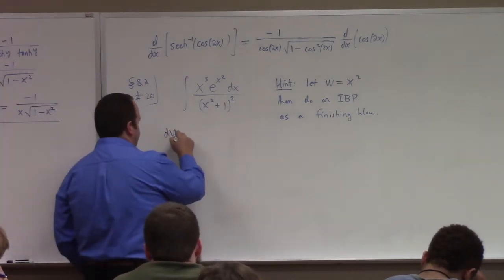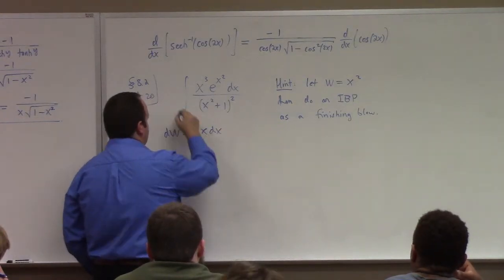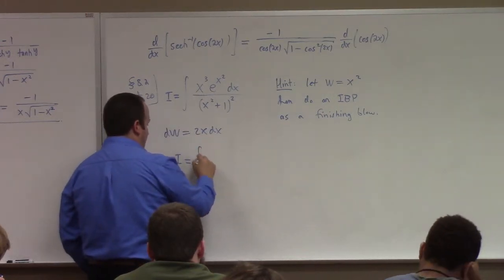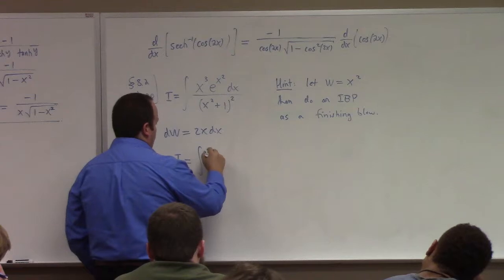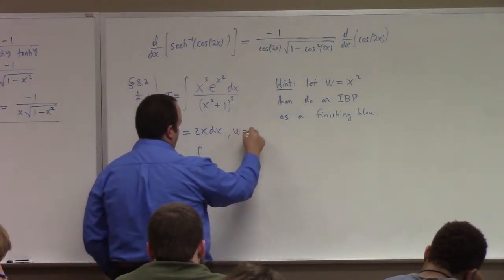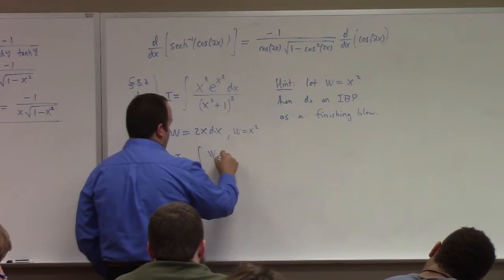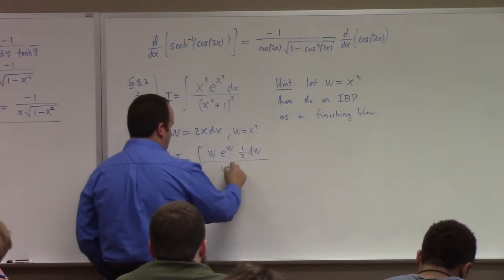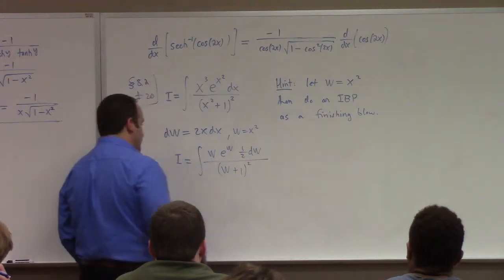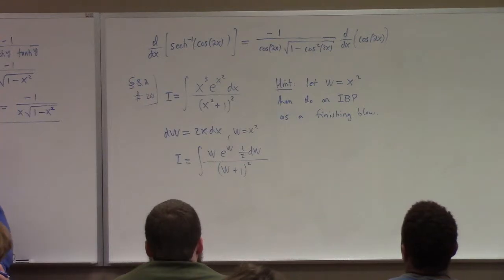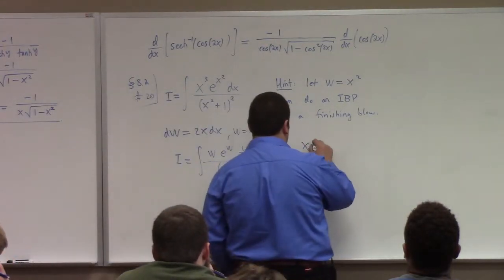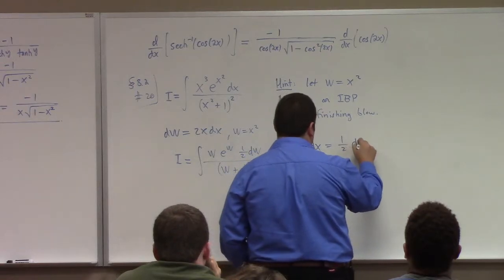So dw is 2x dx, right? So if I call this I, I is equal to the integral of w e to the w, that's 1/2 dw divided by w plus 1 quantity squared. Yeah, that's an x cubed in the numerator. Yeah, I know. So w is x squared, because x dx is 1/2 dw.